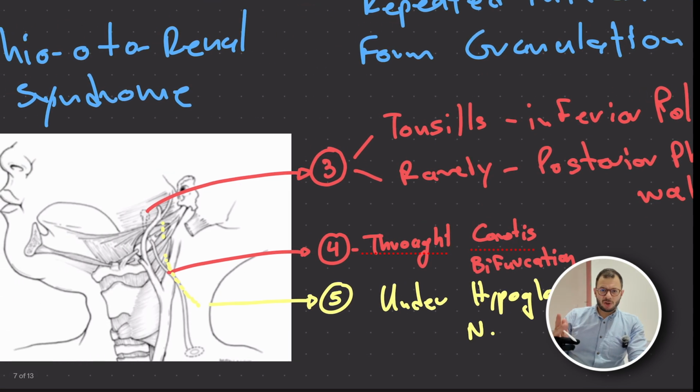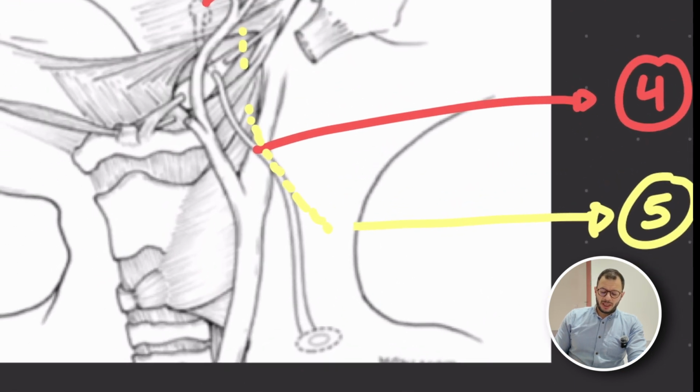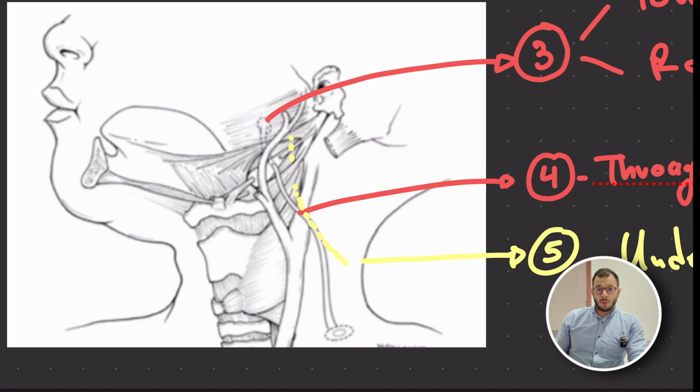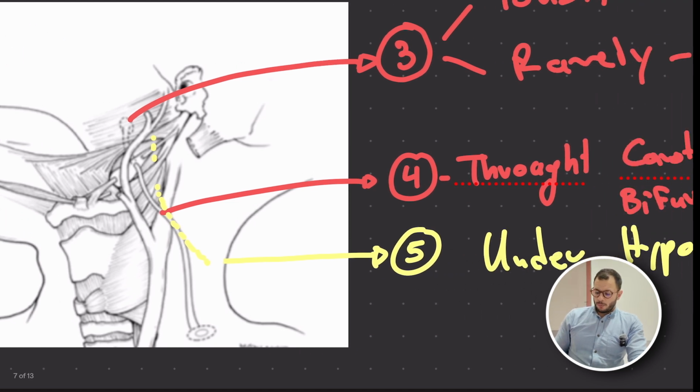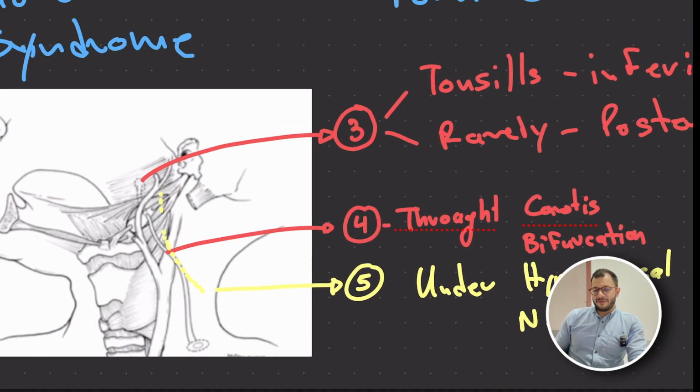Now, two anatomical points that are really important when you're operating these patients will be the association with the hypoglossal nerve. So this fistula goes underneath the hypoglossal nerve, yes, and you will find this most commonly deep in the neck.